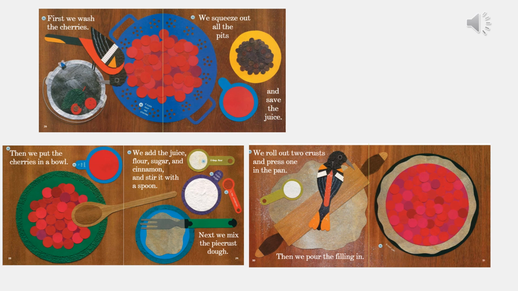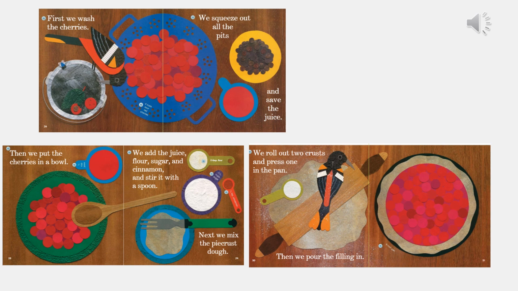Since I can't do it right in front of you, I wanted to bring these pages back to show you that the top one shows you the sequence of making this pie by telling you what to do. It starts by telling you first we wash the cherries, okay, and it tells you we squeezed all the pits, and then we saved the juice.